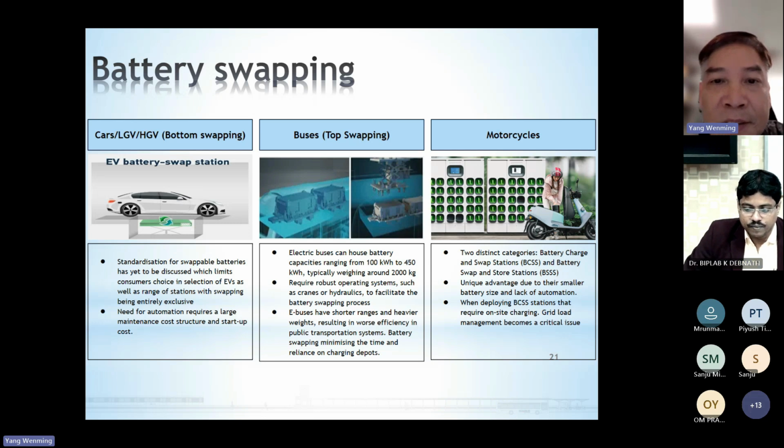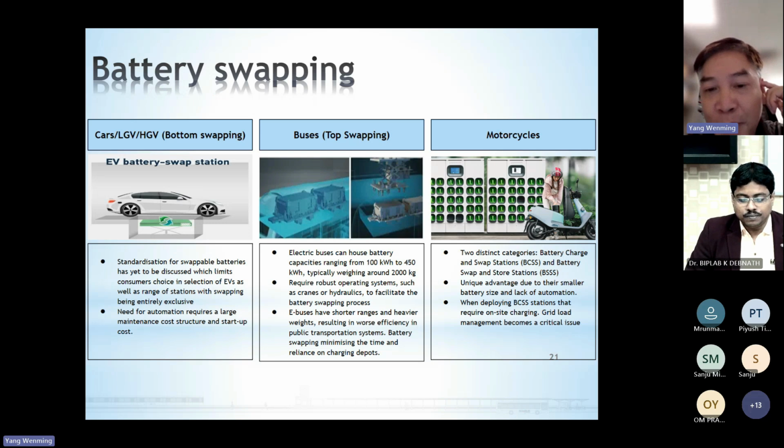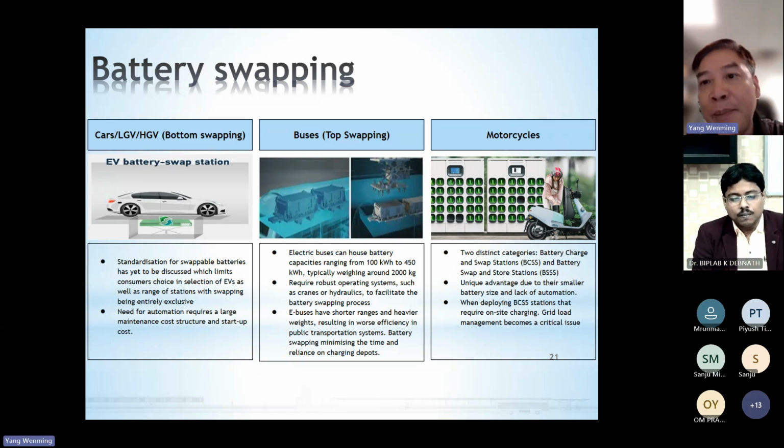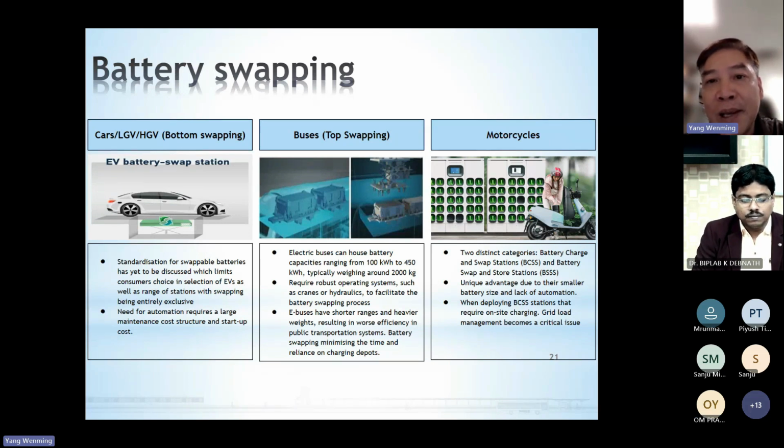Yes, correct. For different batteries, the charging power should be different. Usually they will specify it on the battery system of the vehicles, telling you what kind of charging power should be used. Otherwise, you can burn the vehicles.